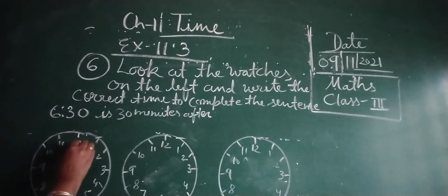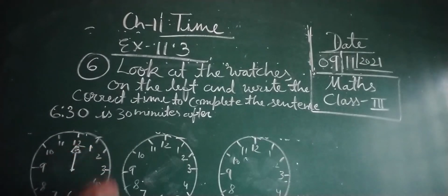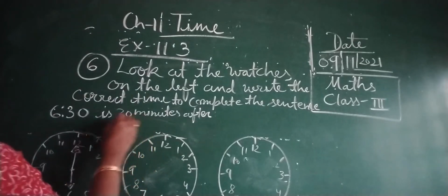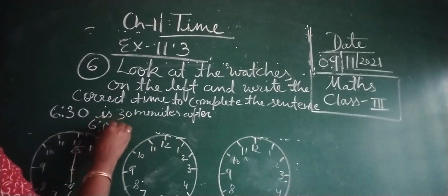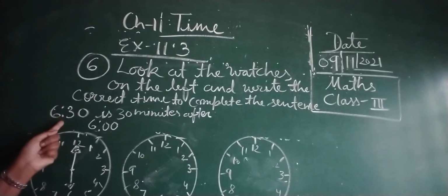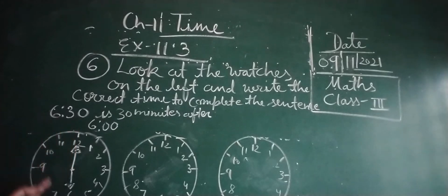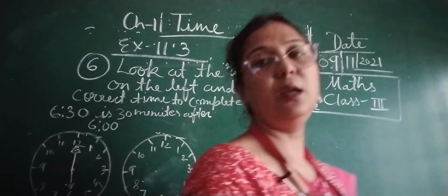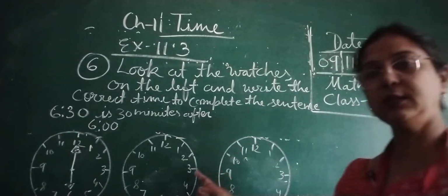Our bigger hand is at 12 and our shorter hand is at 6. It means after 6 o'clock, it is 6:30. Now the first one we have completed, and we are going to do the second one.